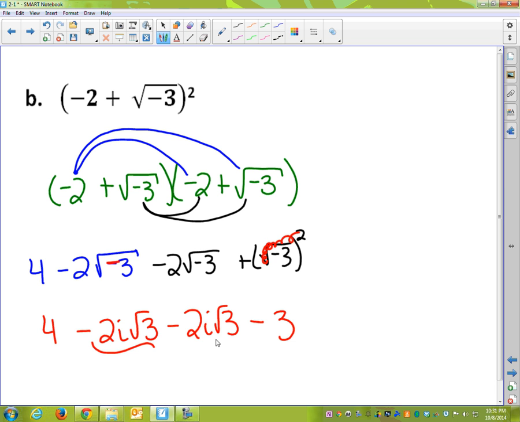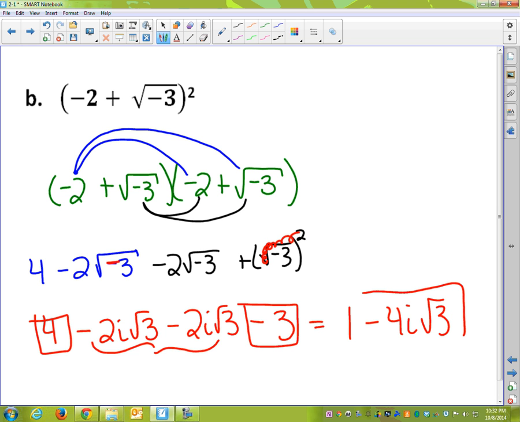Combine your middle terms, and I can add the 4 and the minus 3 together. So I'm left with 1 minus 4i square roots of 3.